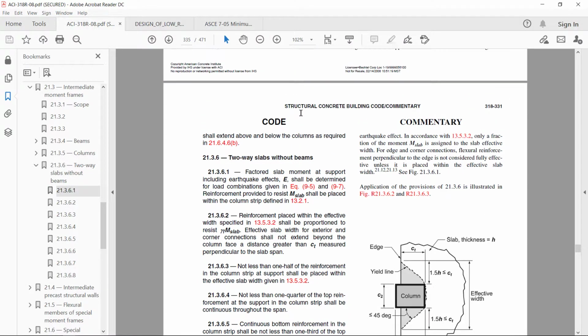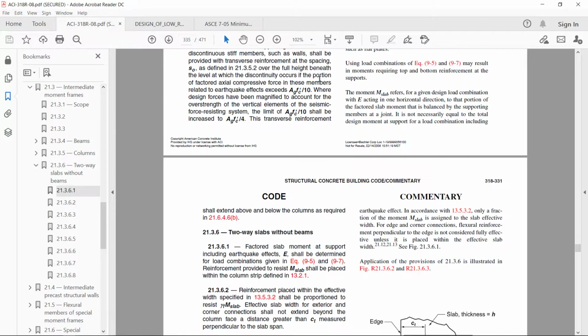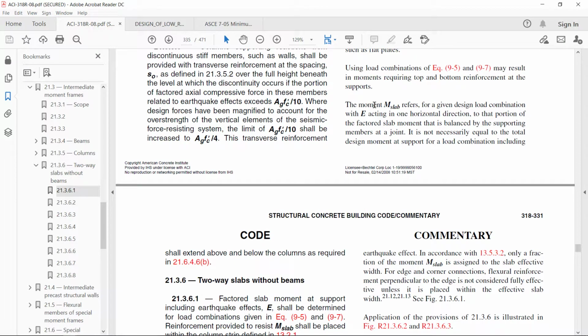And what is M slab? M slab refers, for a given design load combination with E acting in one horizontal direction, to that portion of the factored slab moment that is balanced by the supporting member at a joint.